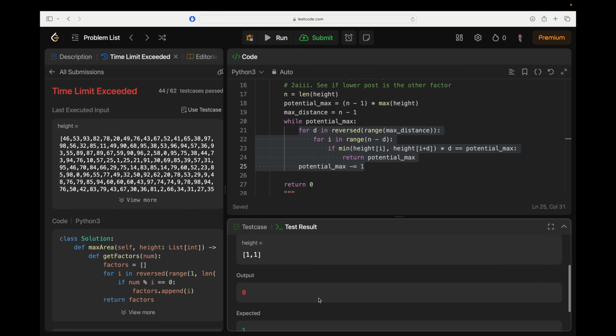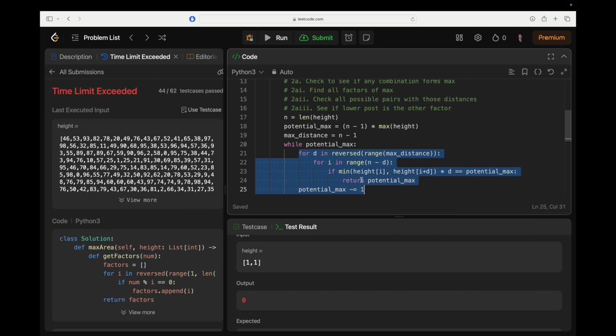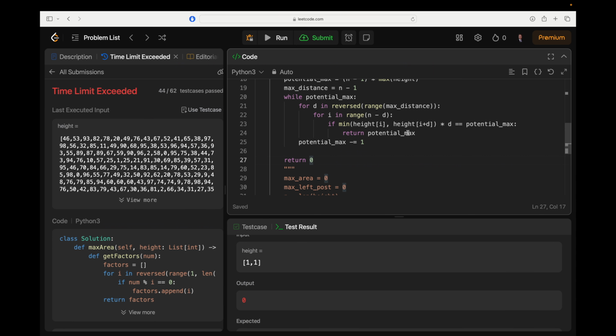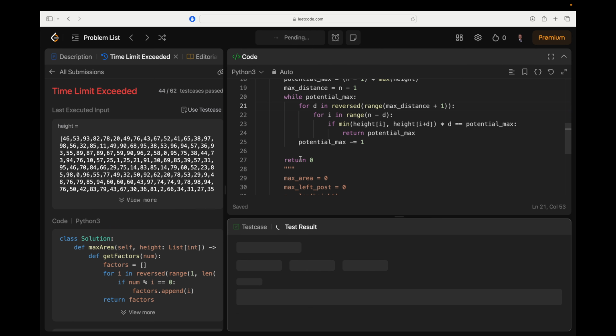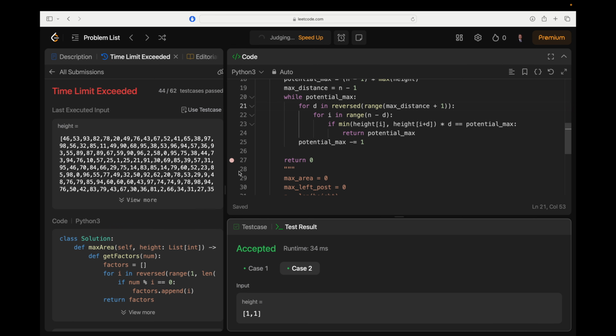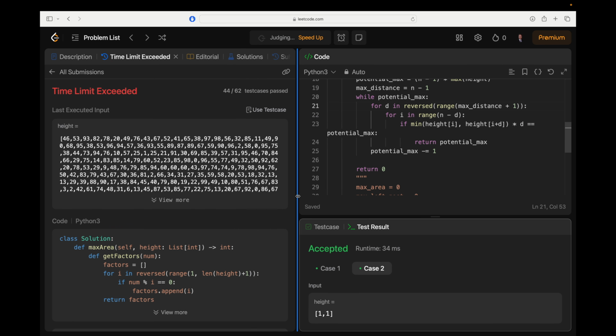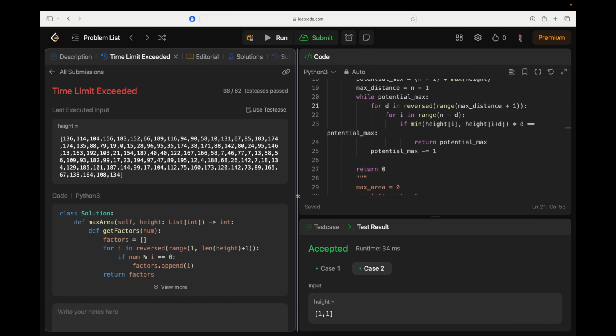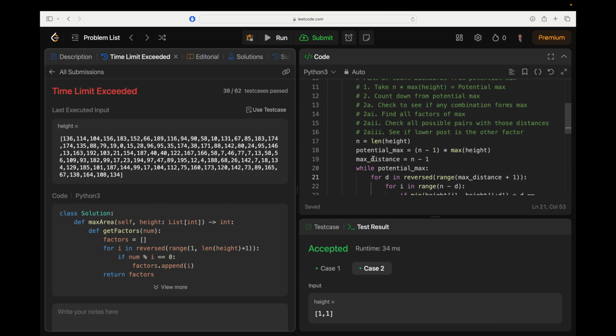I think this is going to be faster than the factors, but it was not faster than my original plan.